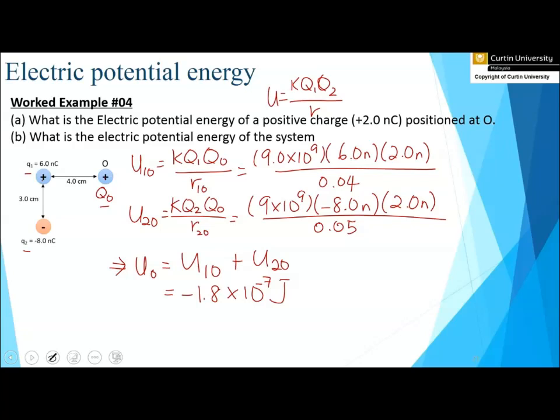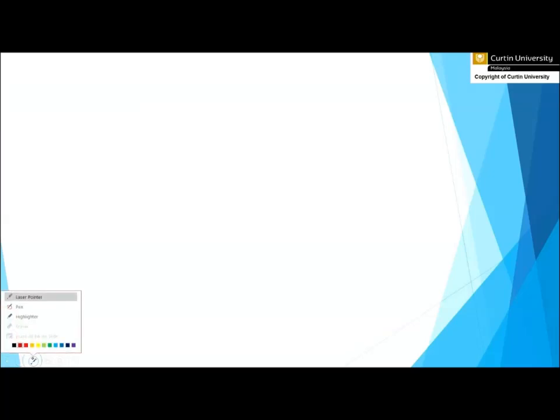So how about the potential energy of the system? When we talk about the system, we have to look at all the possible interactions. So what are the interactions that you can have? We can have the interaction between Q1 and QO just now, and Q2 and QO. What else do you have? Yes, Q1 and Q2. So there are 3 combinations. Write down all of them.